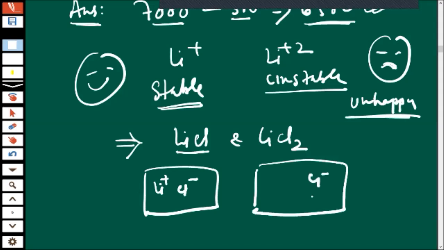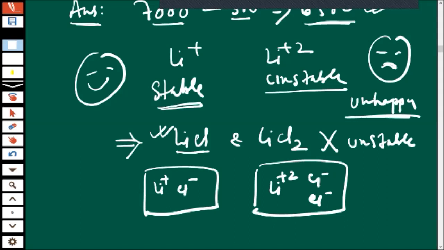Here Cl- is two times, which means lithium must have +2. But lithium cannot be in +2, so this is not possible, or it is unstable. We will find lithium chloride, LiCl. Did you understand the concept? Yes, sir. Good, very nice.